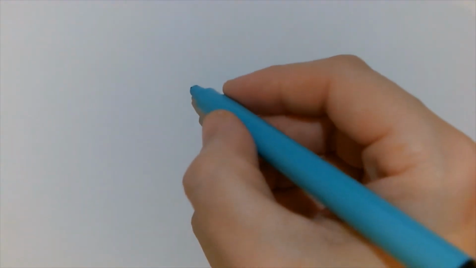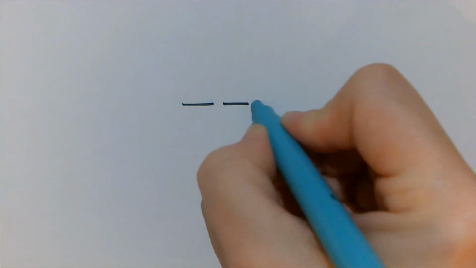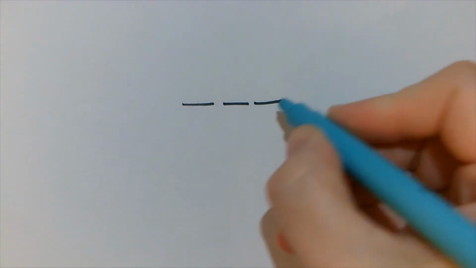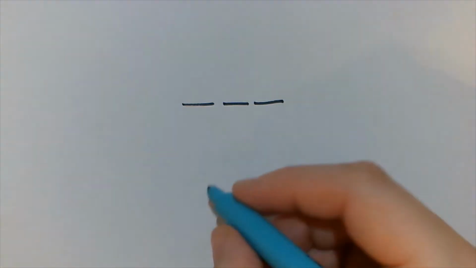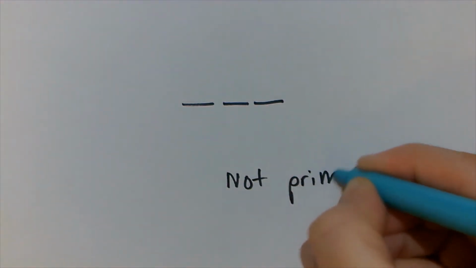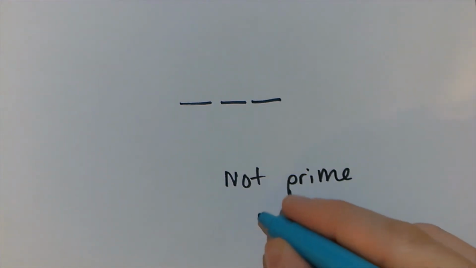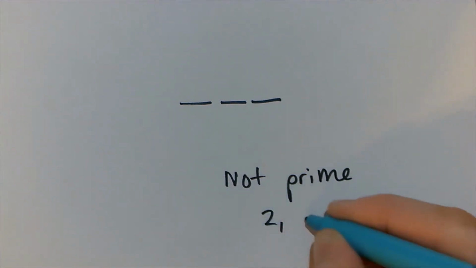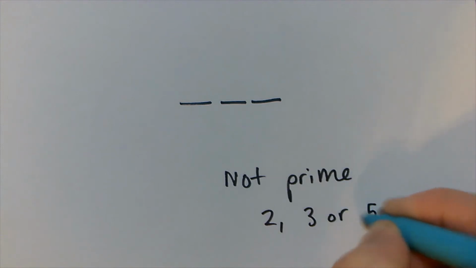Now this one's for big boys and girls. Okay, so with this problem, I want you to find the smallest 3-digit number, the smallest it can be, which is not prime, not divisible by 2, 3, or 5.